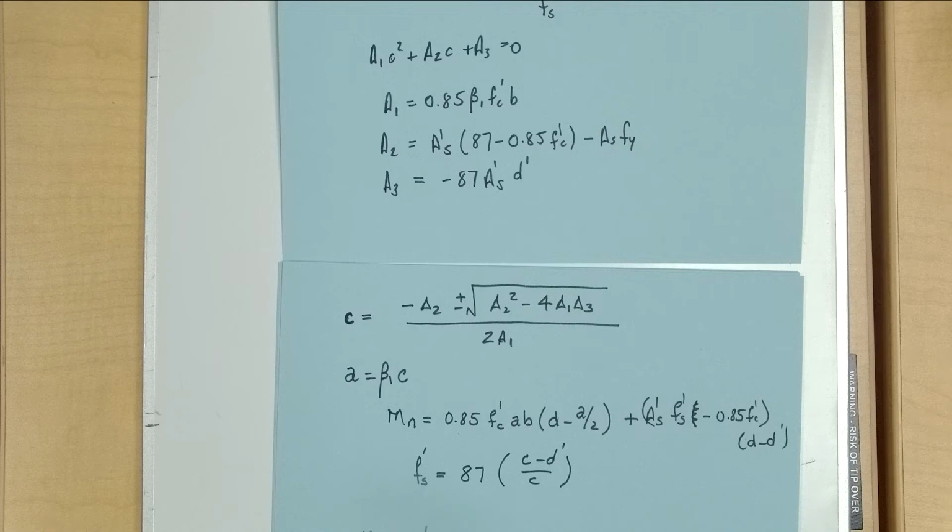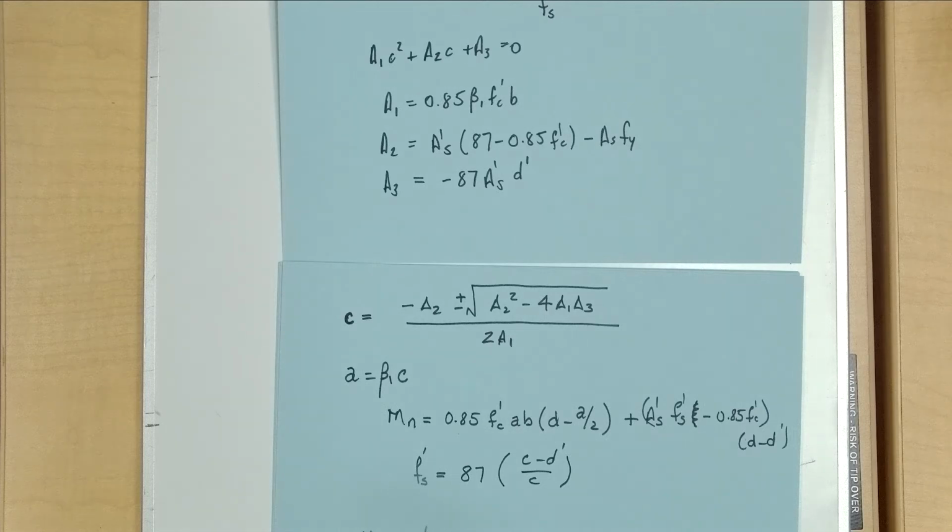And you check that way up at the beginning. If we came across a condition where that was not true, we would have stopped very early on in our process and said that doesn't work because rho minus rho prime is greater than rho max, therefore the beam is not in tension control, and beams that are not in tension control are inadequate.